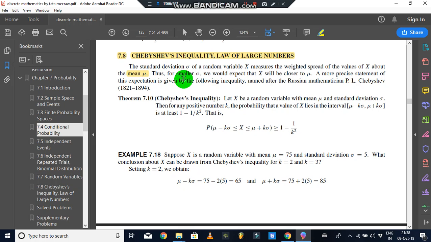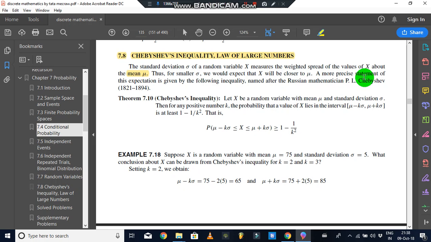Thus for a smaller standard deviation, we would expect that x will be closer to mu. Mu is the mean. Okay, x will be closer to mu.